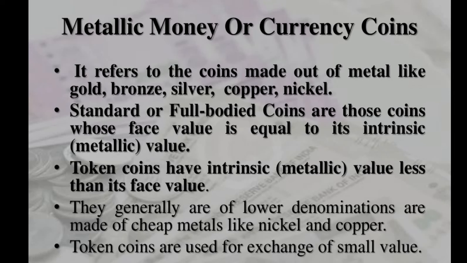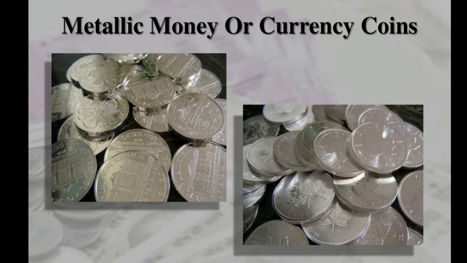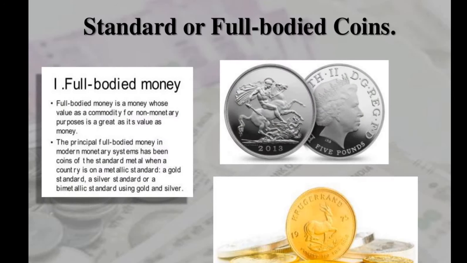Generally lower denominations are made of cheap metals like nickel and copper. Token coins are used for exchange of small values. It refers to coins made out of metal like gold, bronze, silver, copper, nickel. Different currency coins are there. Here you can see metallic or currency coins.